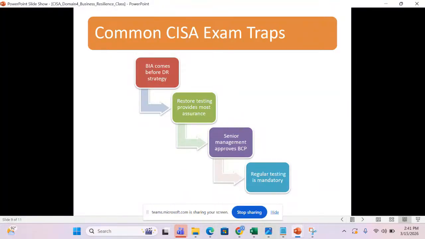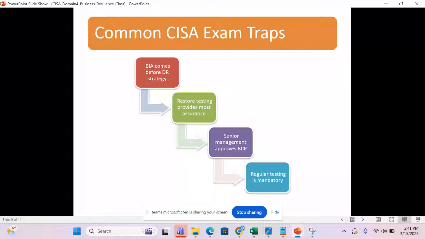Another exam trap you normally have is regular testing. Regular testing is mandatory. People may ask, should we conduct regular testing every time, because it can impact business operations? But you need to understand the important value of regularly conducting testing.